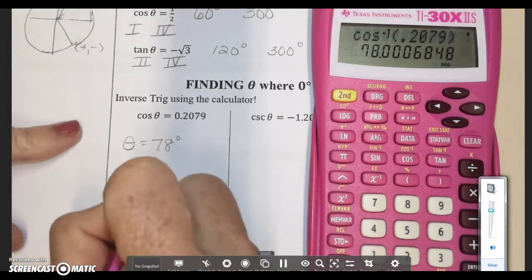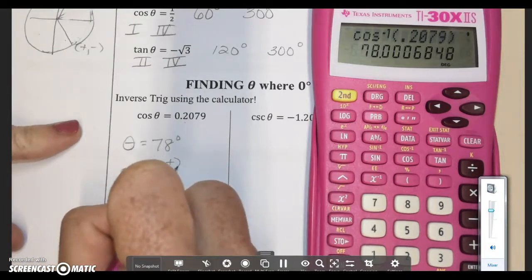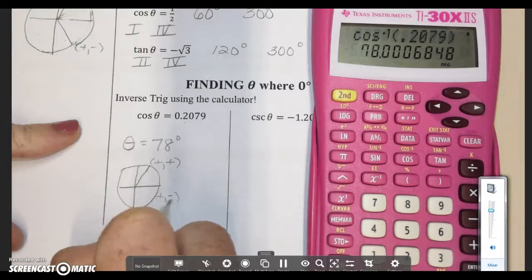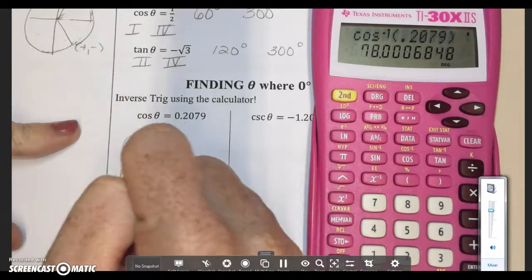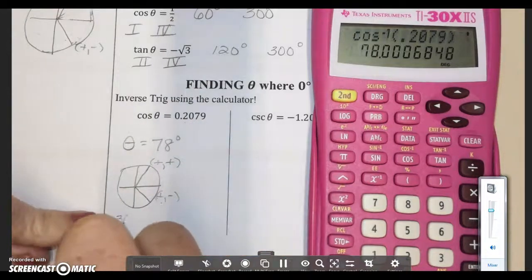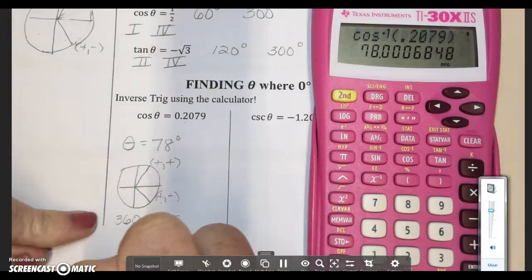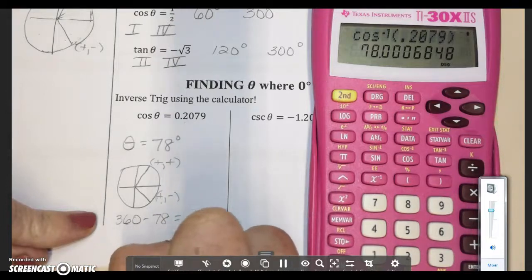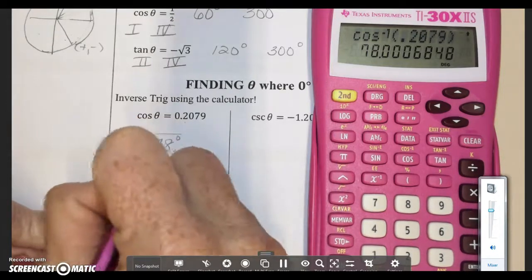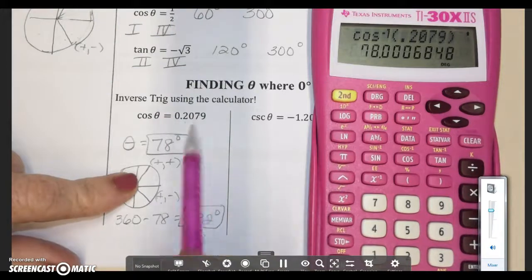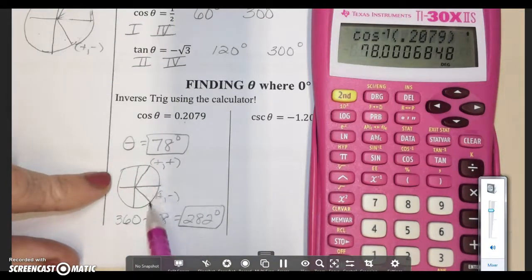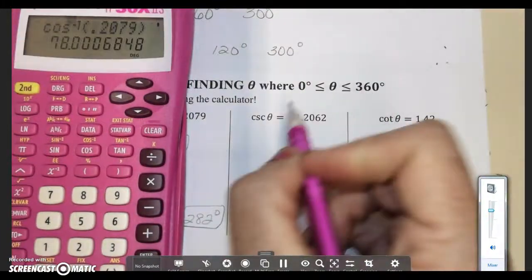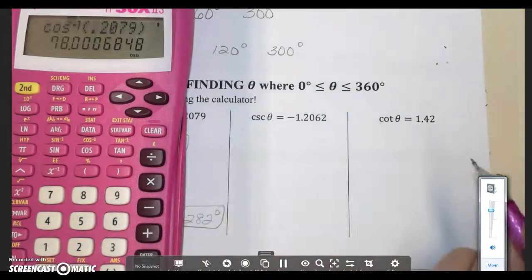That's a positive cosine. So cosine is positive in the first and the fourth quadrants. So 78 degrees away from the middle would be 360 minus 78, which is going to be 282 degrees also. So that cosine value of 0.2079 is going to occur in two places within that unit circle.